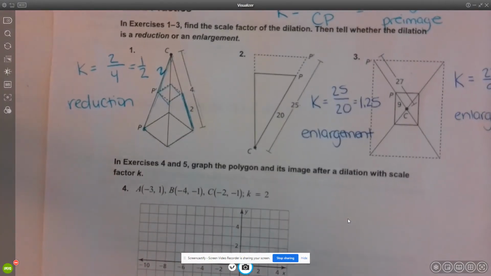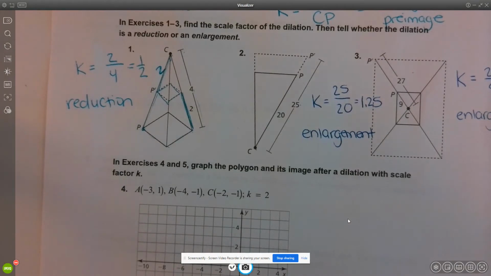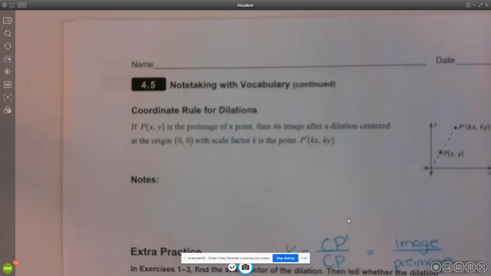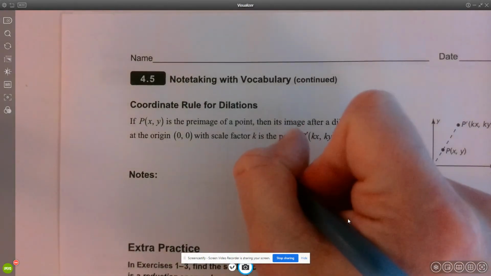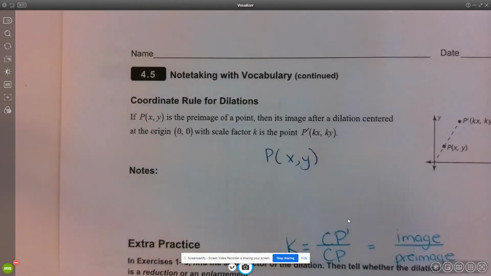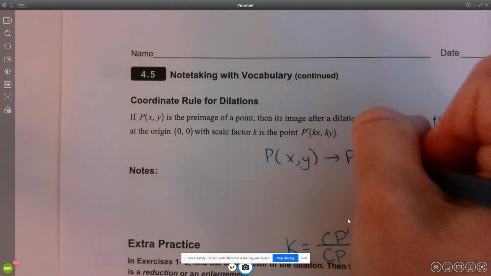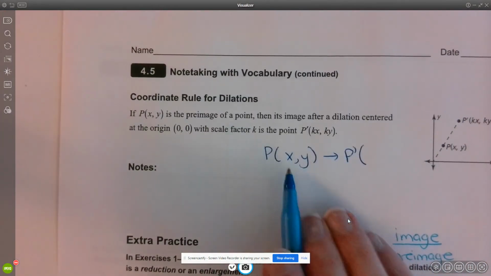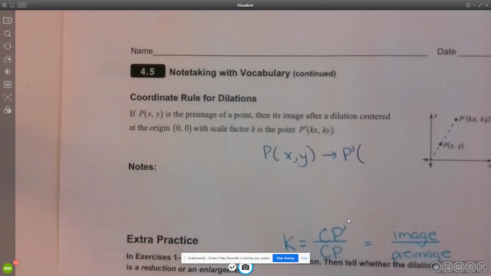So now we're actually going to go ahead and do some dilations on the coordinate plane. Before we do that, remember to do a dilation, whatever our x and y coordinates are on our pre-image, to get our new x and y coordinates of each point, we simply multiply the x and y coordinates by our scale factor.